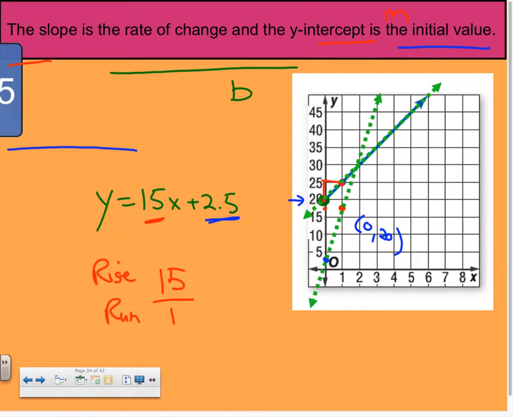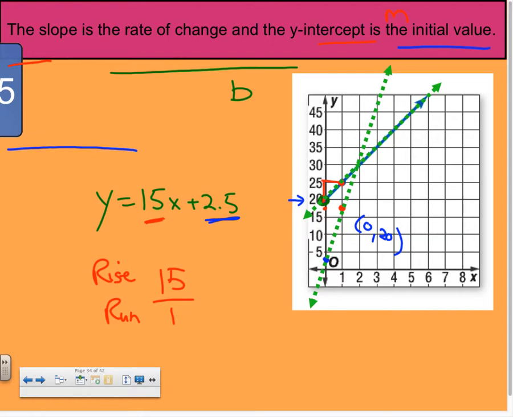A couple things to notice. Both of these lines are going uphill, and both of their slopes were positive. One was 5 and one was 15. Notice that the larger slope had a much steeper line. That's a good pattern to get used to. So one more time, we were given an equation.